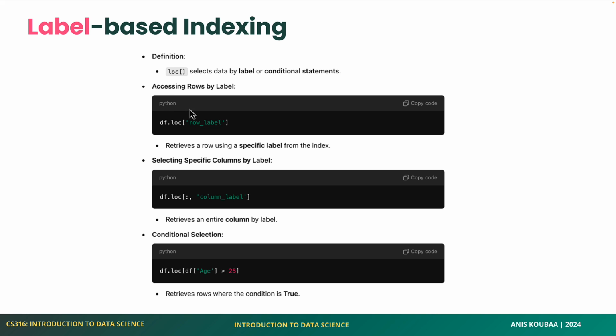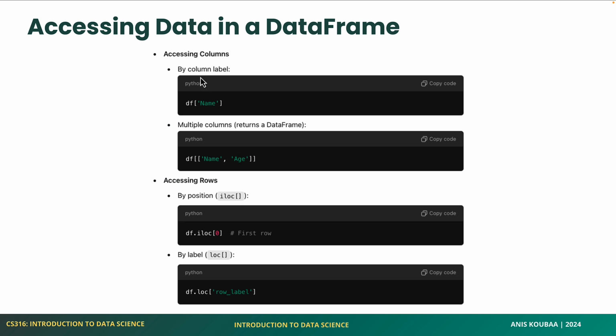This will access the row by a certain label, df.loc. Here df is the definition of the DataFrame, which we created using pd.DataFrame from an array, or we imported. This selects a specific column by label. Here we're going to specify a column by its label. This is equivalent to this one.